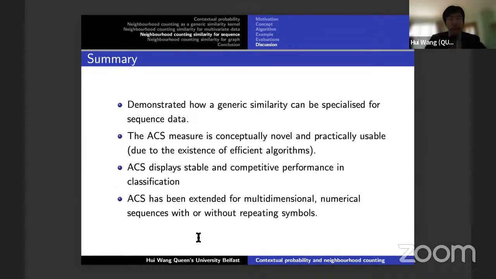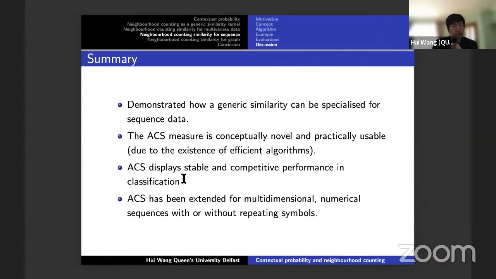Okay, in summary about the sequence similarity, we have demonstrated how a generic similarity can be specialized for sequence data. In terms of the ACS, the similarity is conceptually novel and practically usable because we have efficient algorithms to calculate the ACS measure.